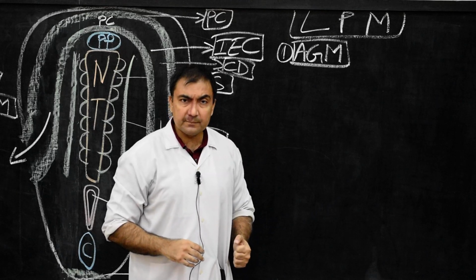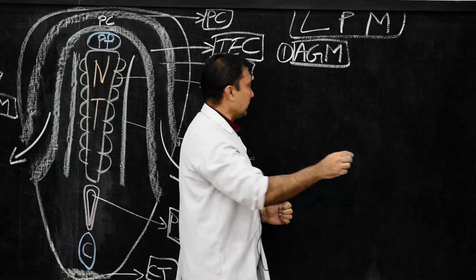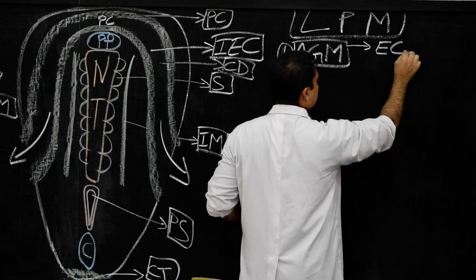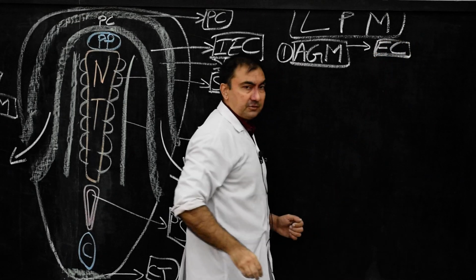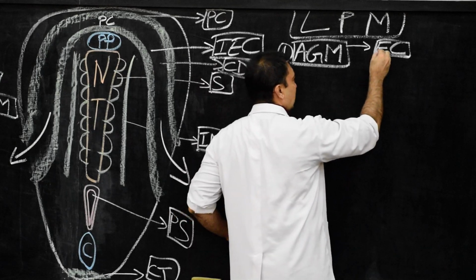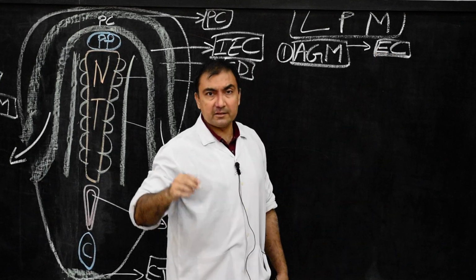What will this angiogenic mesoderm develop into? Very important. It will develop into the endocardium. So many MCQs are asked in this way. It will develop into the endocardium, the endocardial layer of the heart.